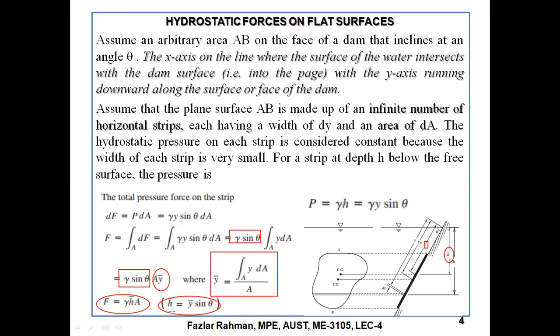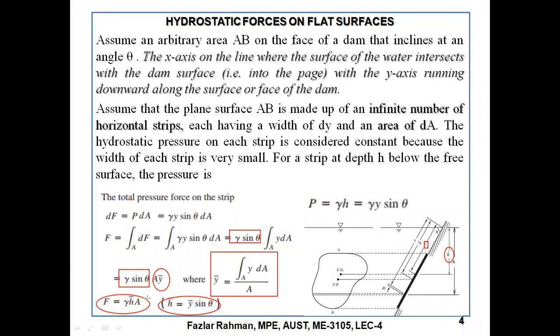Okay. So finally, you are getting the total force on the structure. How will you figure it out? You need the value of gamma, which means rho g. Then the depth of the CG in any direction. If you know the angle and the y distance, you can figure out h, or you can say h equals y bar sine theta. Then you need to know the area of this plate.